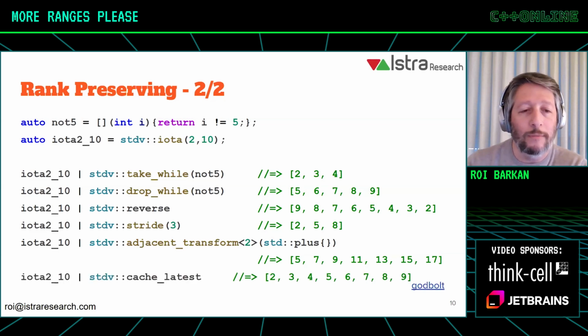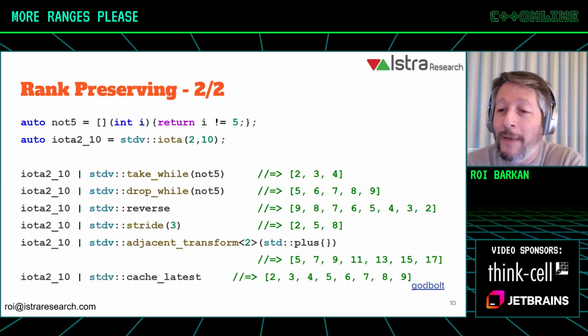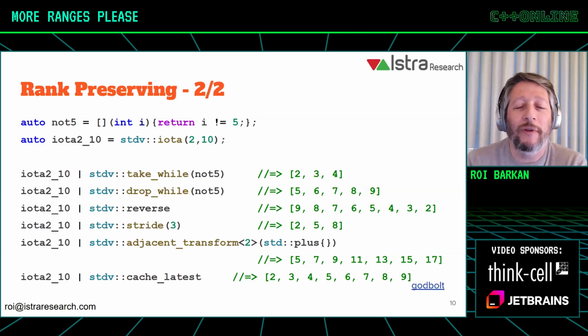Okay, cool. And then C++26 very recently voted in one other rank preserving adapter called cache latest. Cache latest is actually similar to std::views::all in that it doesn't really change the functional behavior of whichever range it adapts, but it gives different performance characteristics.